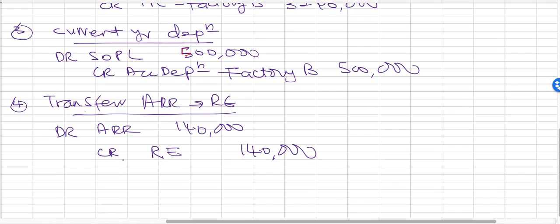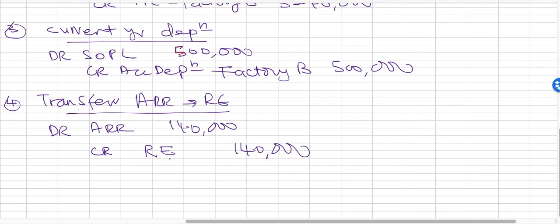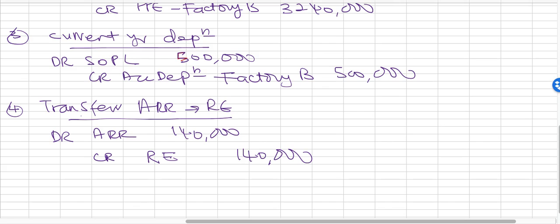Okay, now you see here, when you transfer from ARR to retained earning, you actually increase the profit of the company because you credit retained earning. If you have learned published accounts before, when you increase your retained earning, it means that your reserve will increase in the SOFP. Okay, why does the standard allow that?